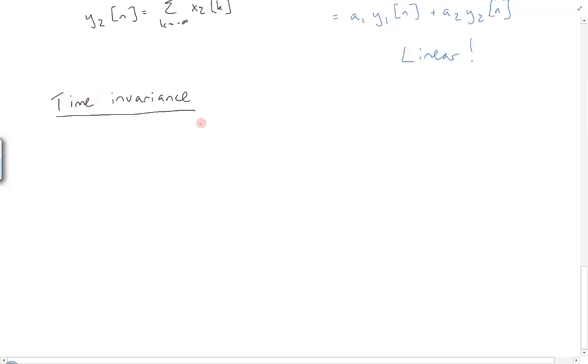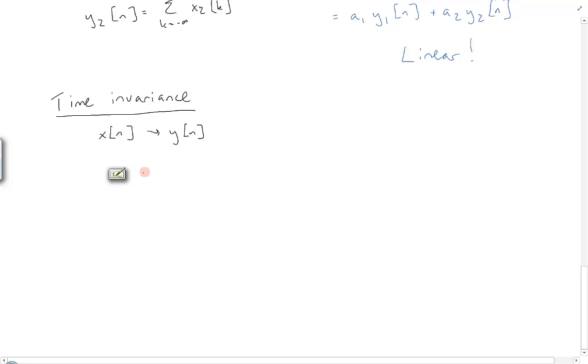Time invariance can be analyzed using the same kind of tools that we just used for linearity in order to prove a given property. In this case, we again have a signal x of n that brings about an output y of n. And now our question is, does a shift in the input bring about the same shift in the output?